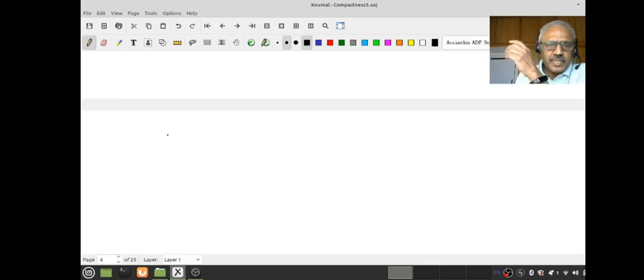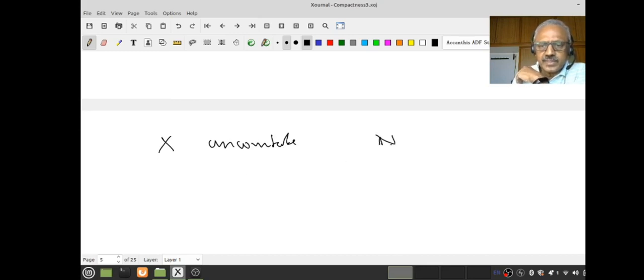So this proof can be generalized to any set X which is uncountable. The trick is I can replace n by an element. Since X is uncountable, let x1 be an element of X. Then X minus x1 is non-empty, in fact it is still uncountable.